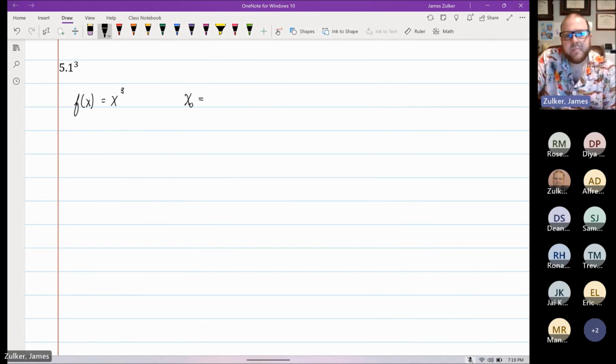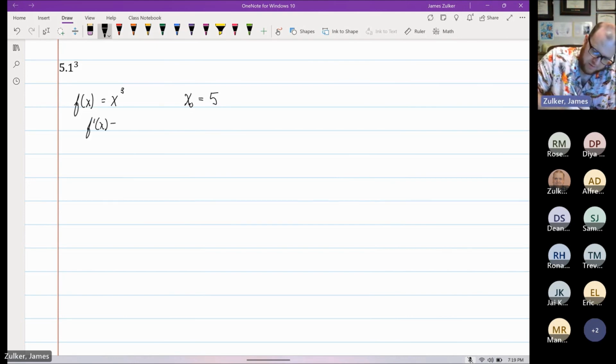And we can easily find 5 cubed. f prime of x is 3x squared.